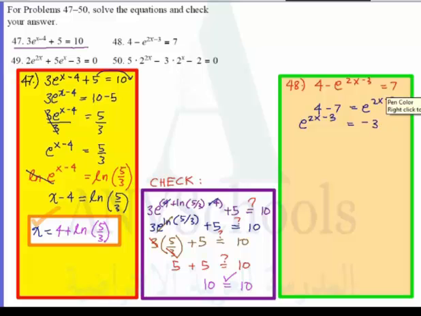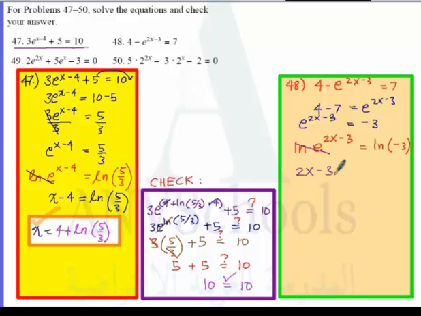And this one will give me, I will just put an ln behind e. The pen has some problems now. 2x minus 3 will be equal to ln of negative 3. So we could cancel ln and e now.